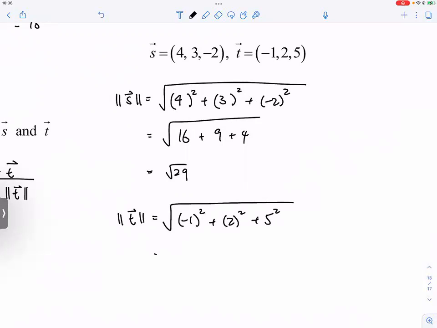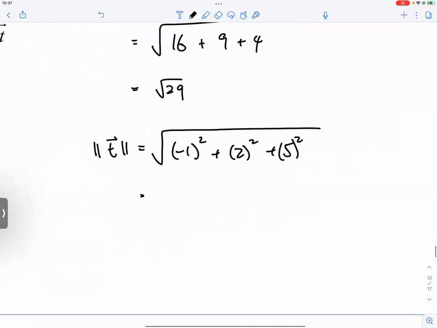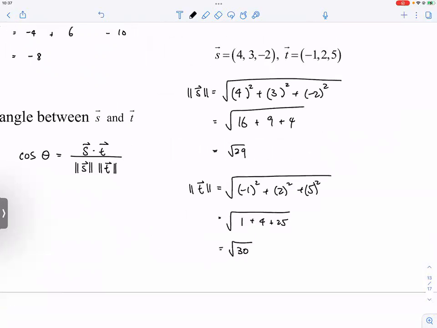Again, just like what you do with your regular 2-dimensional vector with Pythagorean theorem. It's just that now we have a little extended vector. So we have to take care of it. Okay, so we got a square root of 30.